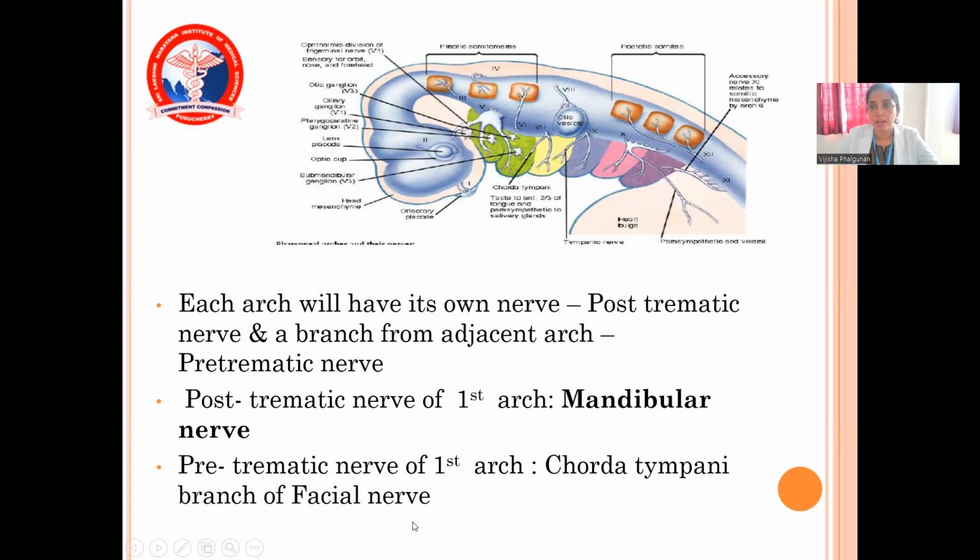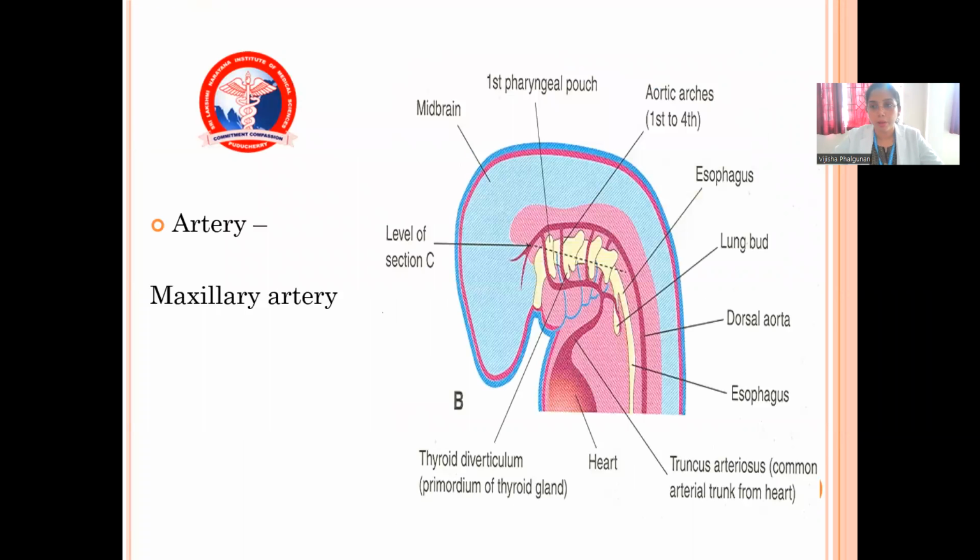All these cranial nerves each own one arch. So all the muscles arising from this arch will be supplied by the mandibular nerve or its branches, because they all belong to one family.